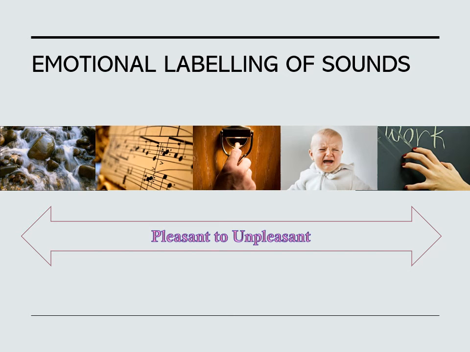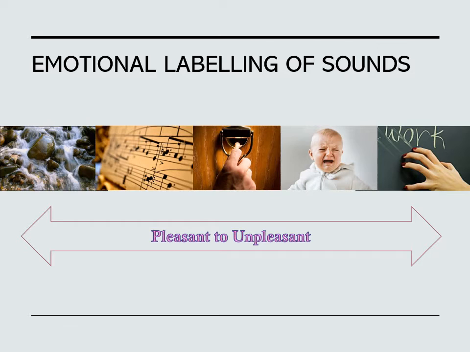The part of the brain that processes sound has a strong connection with the limbic system, which processes our emotions. Sounds are given an emotional label, which is later the feeling we get when we rehear that sound. Some sounds are very negative, for example, a baby crying or fingers scratching down a blackboard.